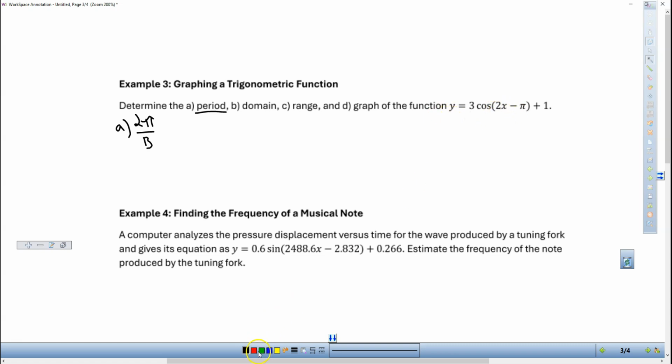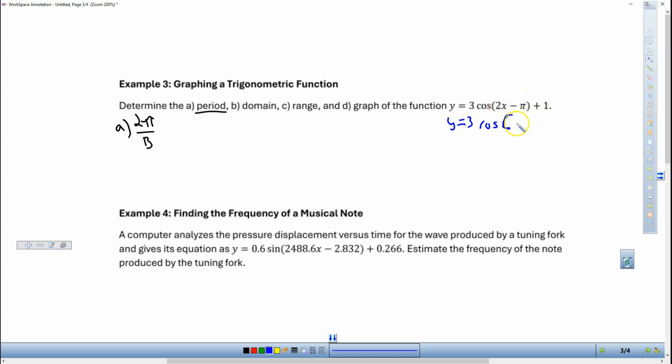So let's just rewrite this function. Instead of being y equals 3 cosine (2x minus pi), we want to put that in a form where it's b(x minus c). So let's rewrite this as y equals 3 cosine, and this will be my square brackets here. And now we need our b value.